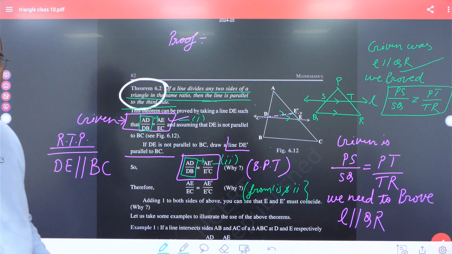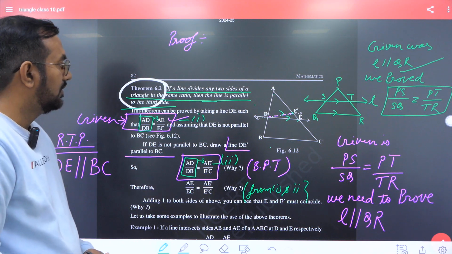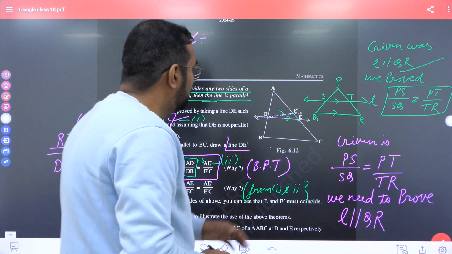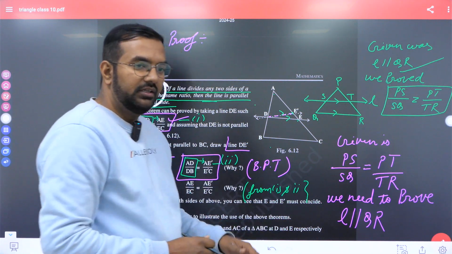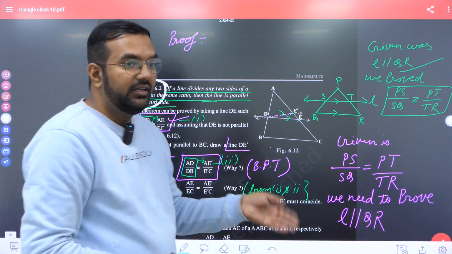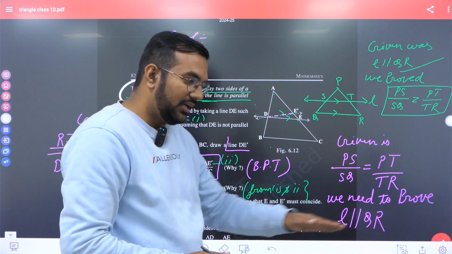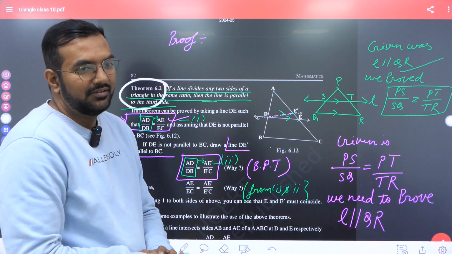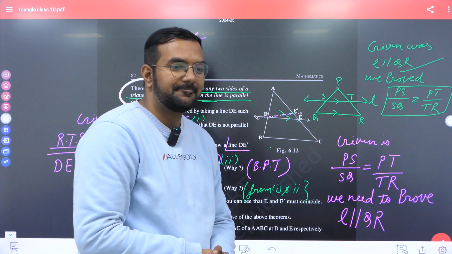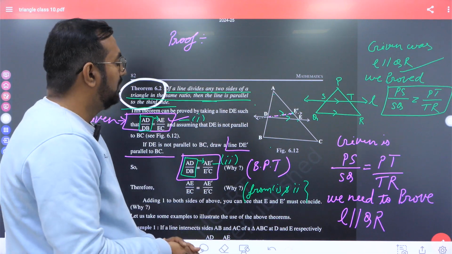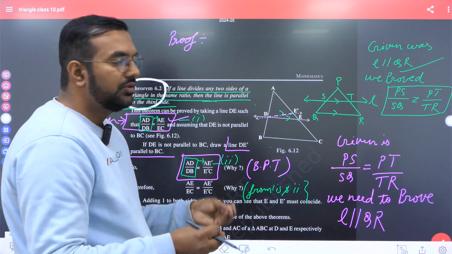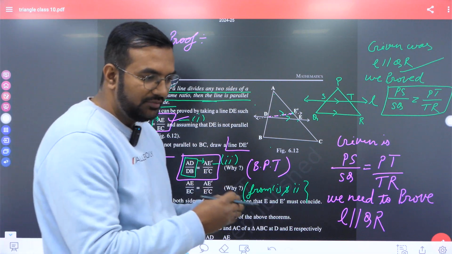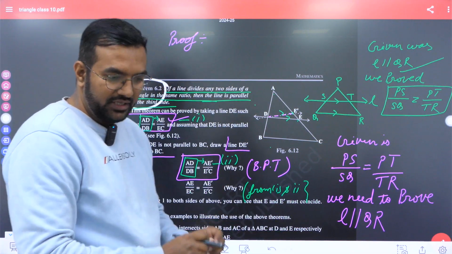So we can say that DE dash is parallel to DE. No, beta, DE dash is not parallel to DE. DE dash and DE are the same line. They are coinciding each other. Same line and coinciding each other. It is not necessarily that they are equal, because the length of the two lines may differ, but they are coinciding each other.